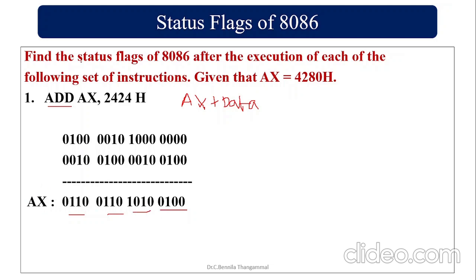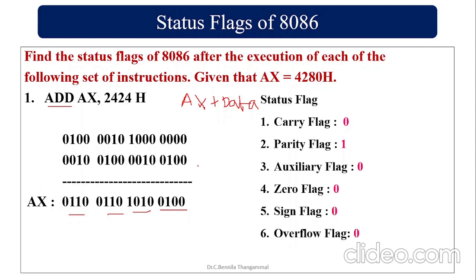Now we will be seeing the status flags. You have 6 status flags. Carry flag: there is no carry, so the carry flag is 0. The parity flag: for an odd number of ones, the parity flag will be set. The number of ones in your AX is 1, 2, 3, 4, 5, 6 and 7, so there is an odd number of ones, so the parity flag is 1.